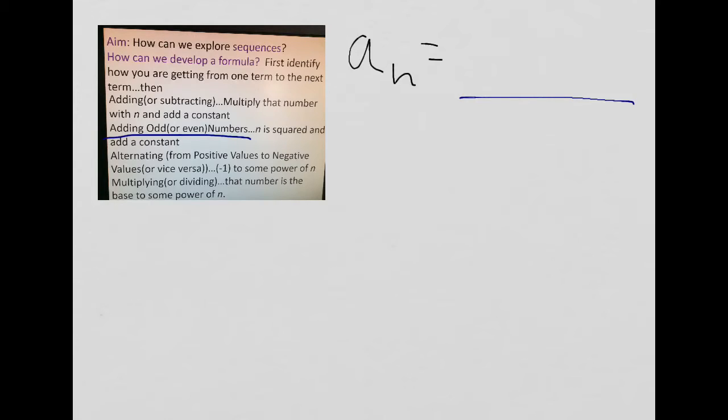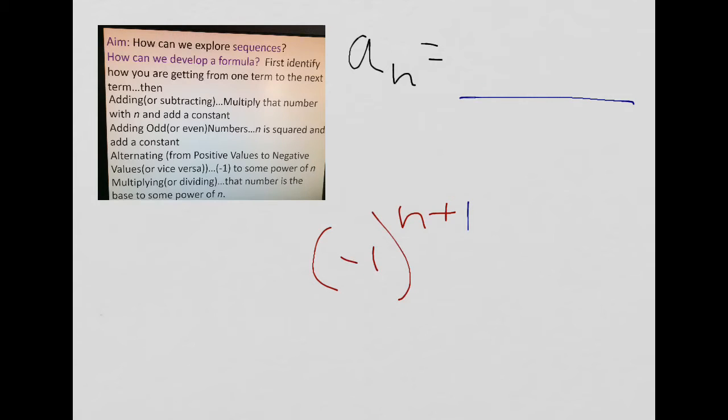Next, if you see that you're alternating between values, or more particularly, you're going from positive values to negative values, or negative values to positive values, then in your formula for a sub n, you have -1 to some power of n. That could be n, it could be n plus 1, or n plus 2, or n minus 1, or n minus 2, whatever is giving you that sign change.